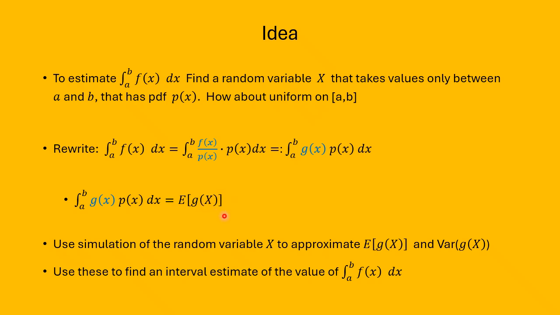And we already saw how we can estimate this by picking a random sample. And so we'll use simulation of the random variable x to approximate this expected value of g of x and also the variance of g of x. And once we have those, we'll use those to find an interval estimate of the value of this integral.